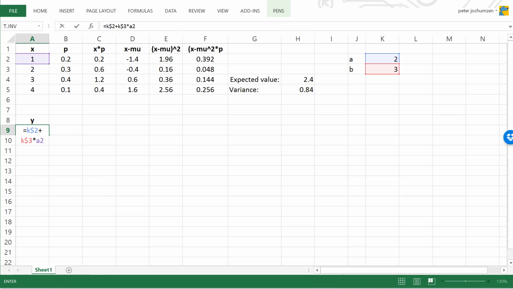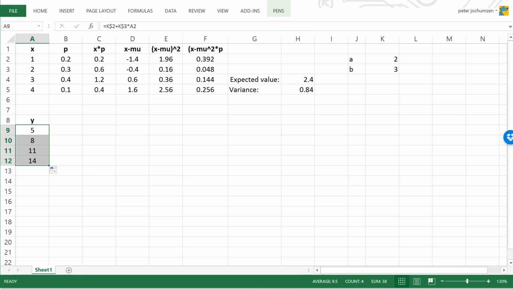So when x is 1, y is 5. And the slope is 3, so y increases by 3 units for each unit that x increases. So it must be 8, 11, and 14. So these are the possible values of y.